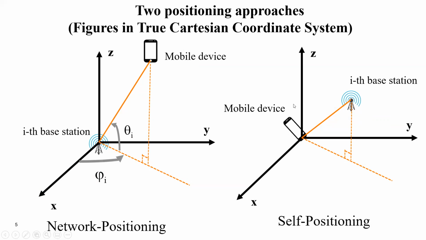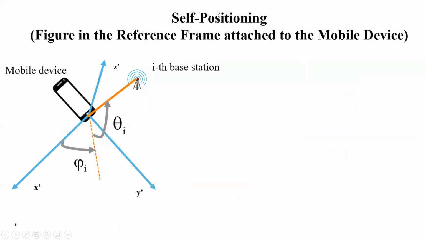So it is complex to do localization based on the direction of the signal. In self-positioning, we can only estimate the values phi i and theta i in the reference frame attached to the mobile device.